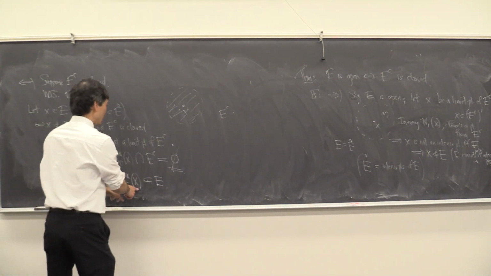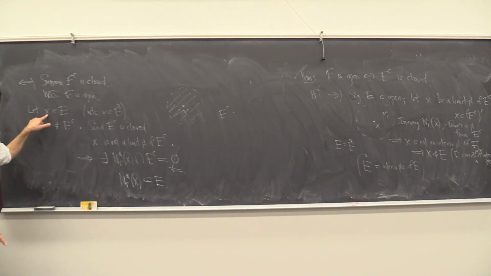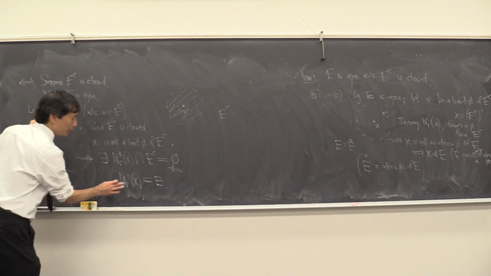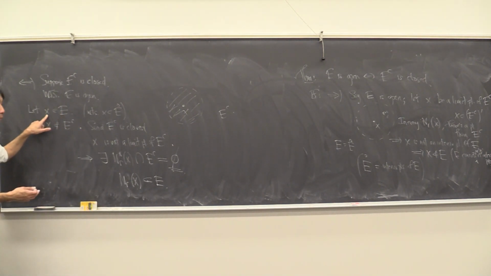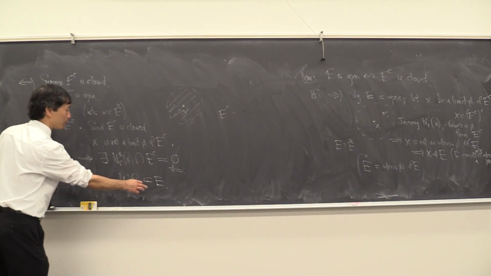Everything in the punctured neighborhood is in E, and also the center is in E. So I can say the whole neighborhood is contained in E, not just the punctured neighborhood, but the entire neighborhood. The punctured neighborhood plus its center is contained in E.